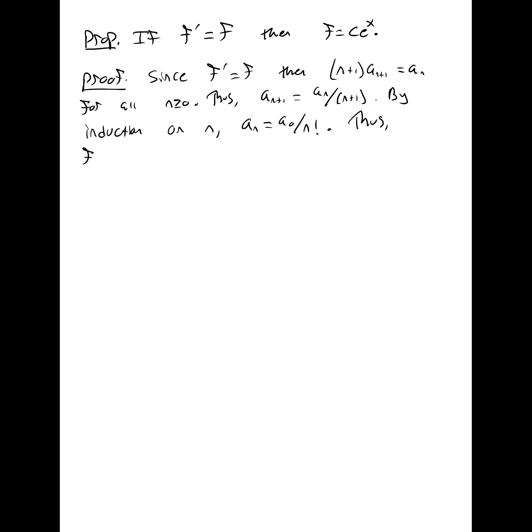Thus, we get that f must be equal to, well, it was originally equal to this, but we determined that each one is just equal to a sub 0 over n factorial, so let's write that.